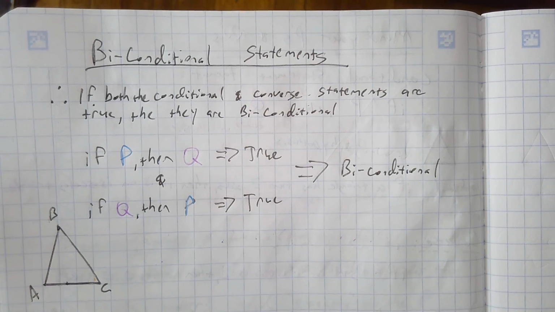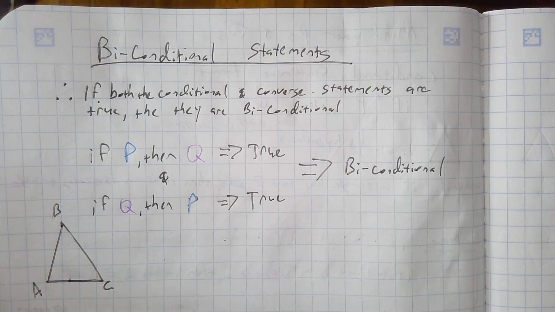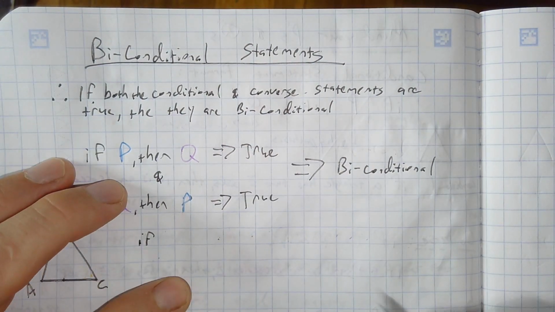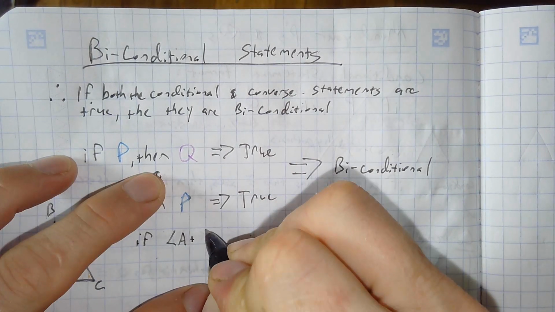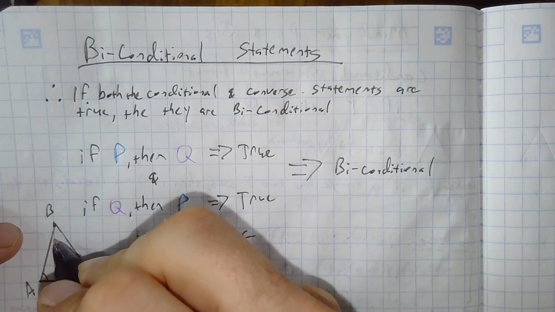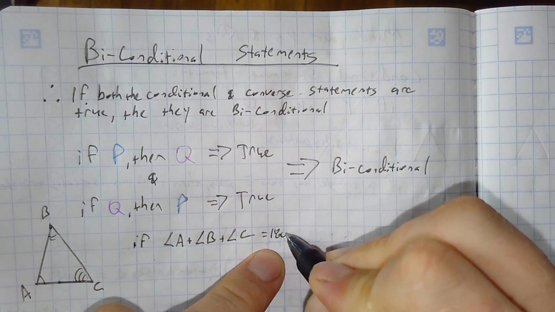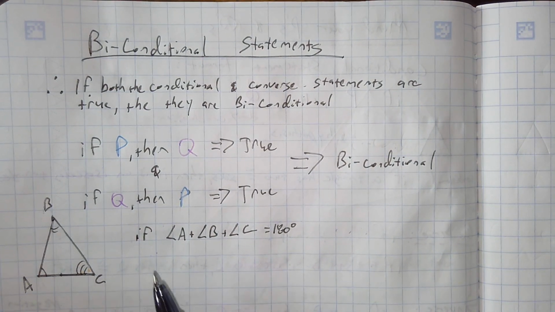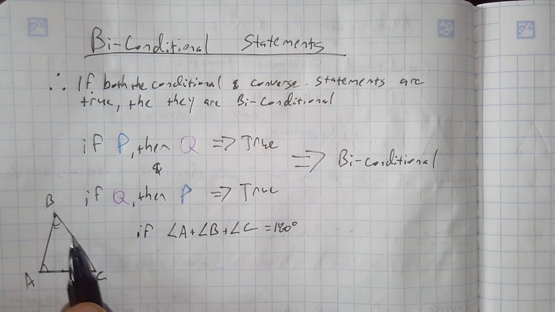Here's an example. I have triangle ABC. So if I say, if angle A plus angle B plus angle C, so this angle plus this angle plus this angle, equals 180 degrees. Another way to say this is, if the sum of the interior angles of a triangle equal 180 degrees, because A, B, and C are the interior angles of this triangle.